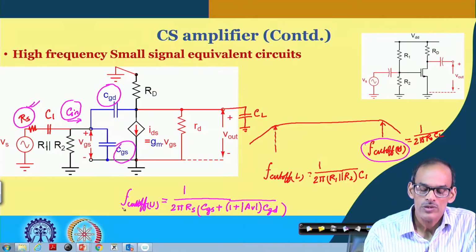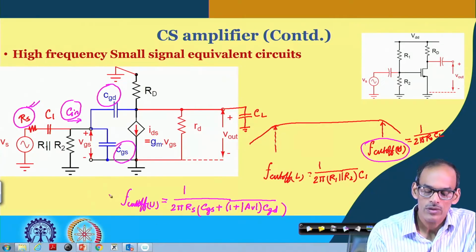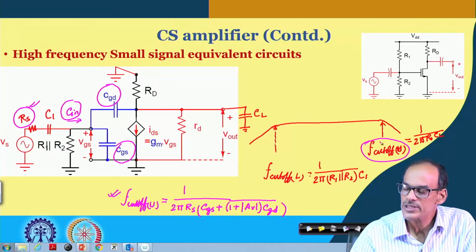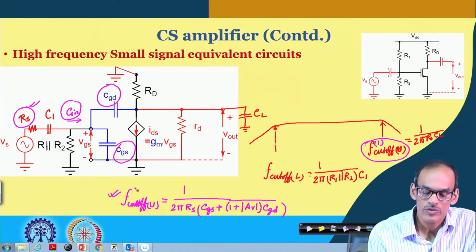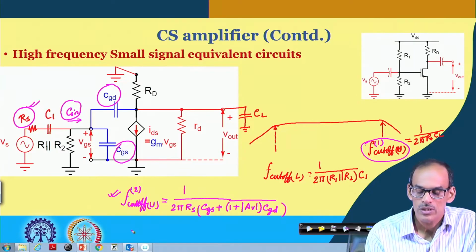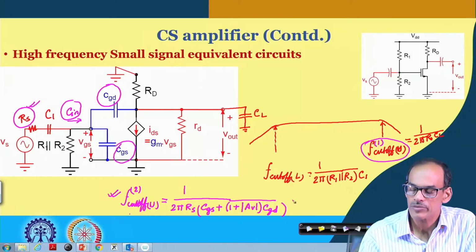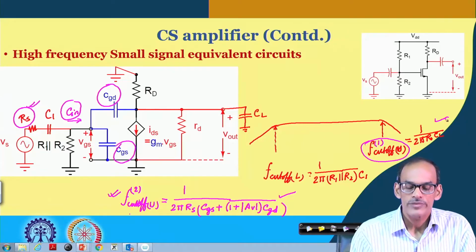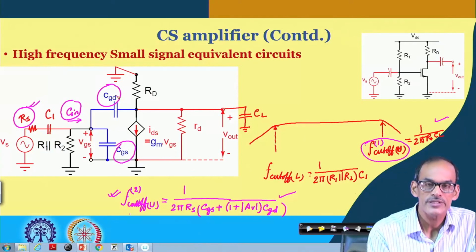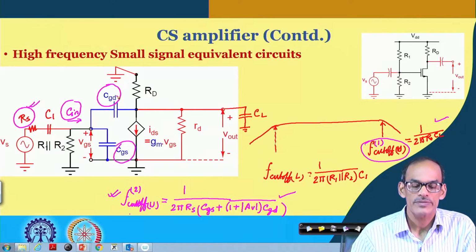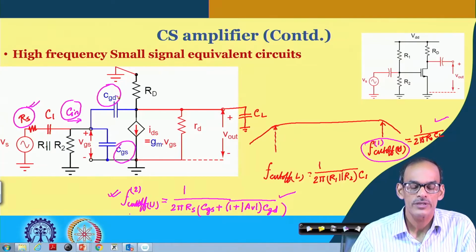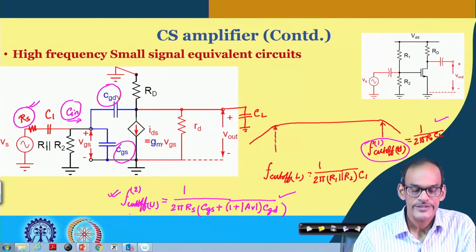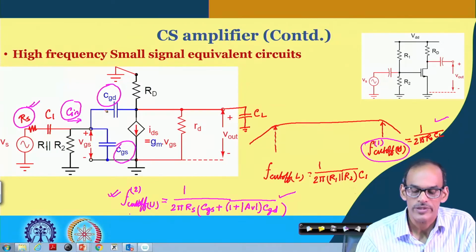Based on the magnitudes here, if I call this f upper cutoff frequency 1 and this f upper cutoff frequency 2, then whichever is minimum we have to consider. So, that is the role of CGS and CGD in the frequency response, and for high frequency analysis we must consider these two capacitors.